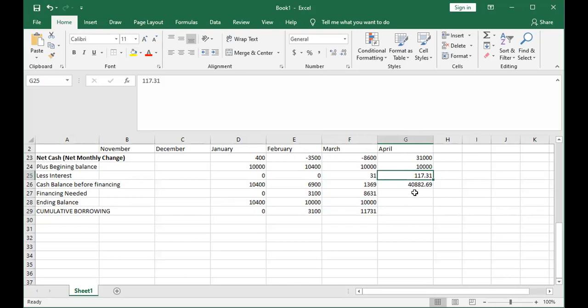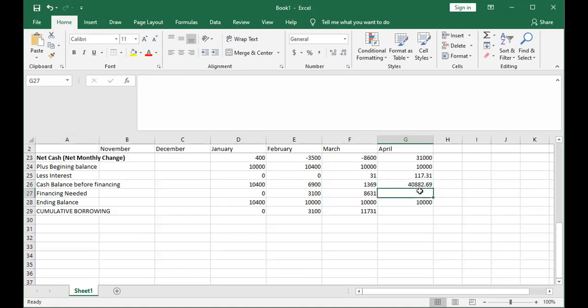Okay, so now you need to identify whether there is any financing needed. No, because the cash balance is already more than 10,000 ringgit. The company needs to maintain the 10,000 ringgit balance. However, in this month, the sales are enough for the company to pay back all the financing.